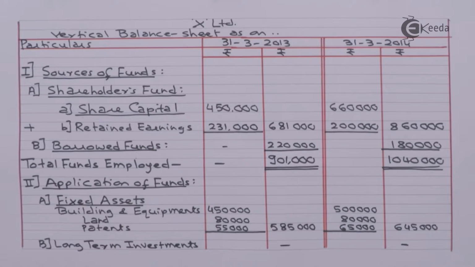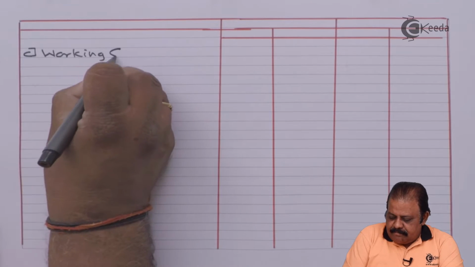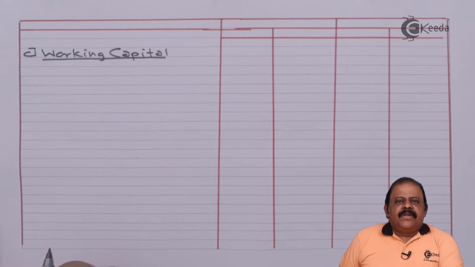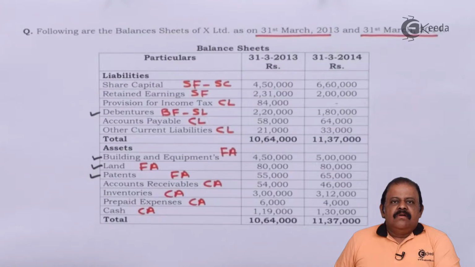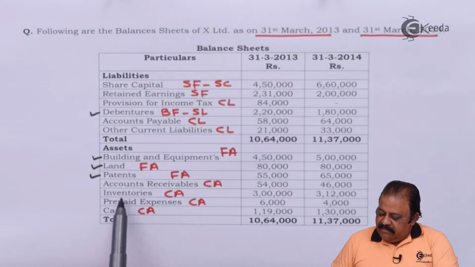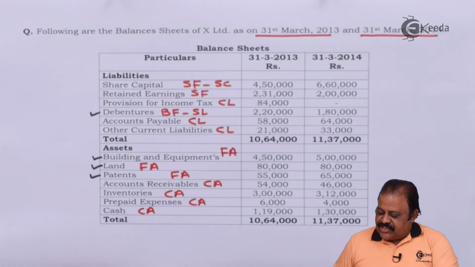Next item we are required to consider is working capital. In working capital, first we consider current assets. We have current assets: account receivables, inventories, prepaid expenses, and cash.